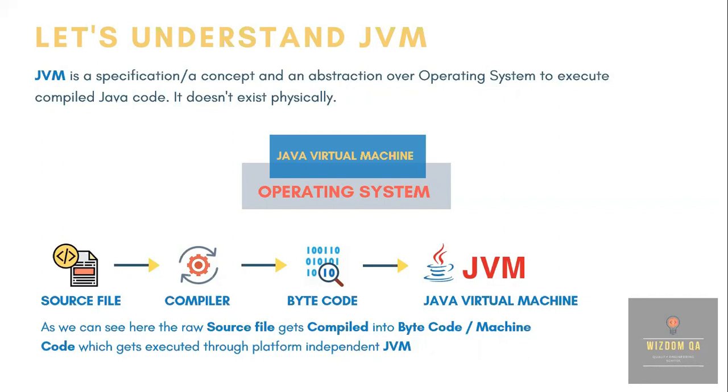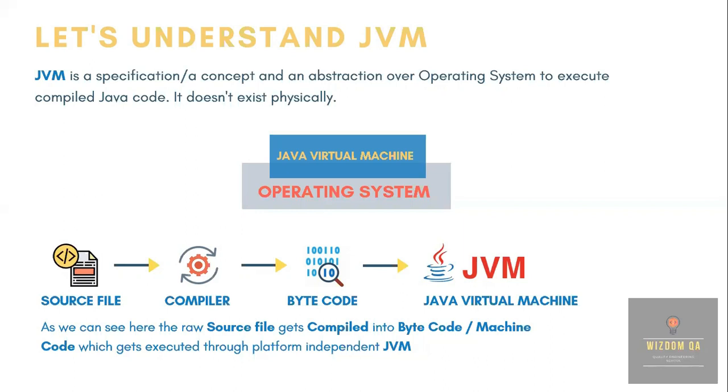We compile it. What do I mean by compilation? It means you are converting a simple source file written in English to a bytecode or machine understandable format. This process is called compilation. You compile a source file to a machine understandable format, which is basically bytecode, and that gets executed within JVM, Java Virtual Machine.